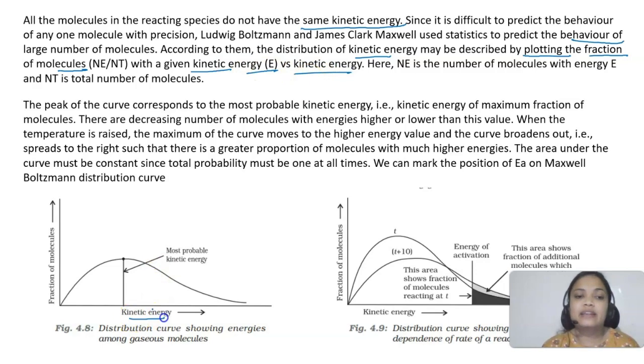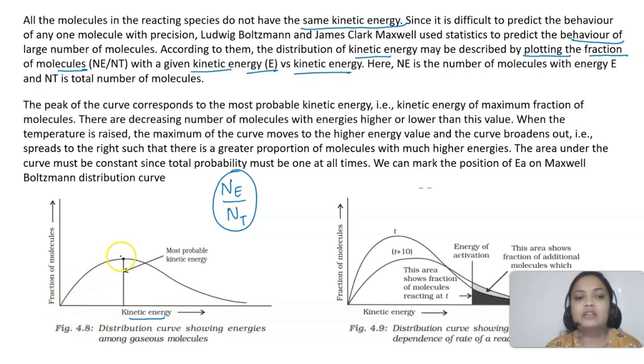This is the kinetic energy, and the fraction of molecules possessing that kinetic energy is what we plot here. How do we calculate the fraction of molecules? Ne is the number of molecules with that particular energy, and Nt is the total number of molecules. If we divide, we get the fraction of molecules having that particular energy E. Now you see this graph.